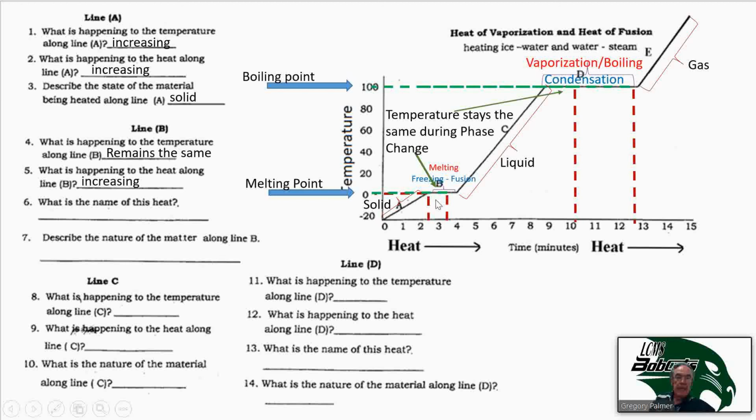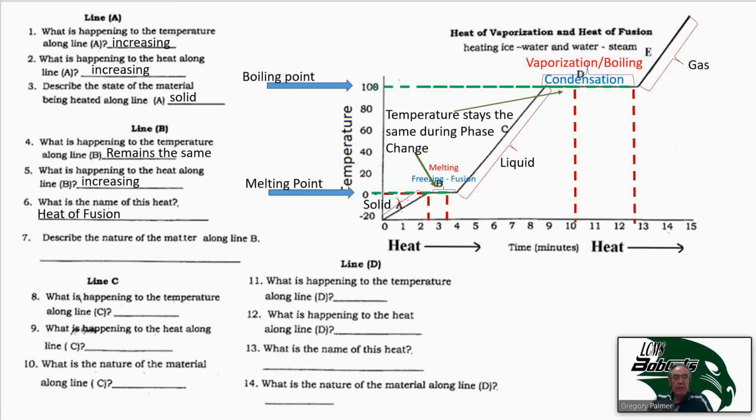What's the name of the heat that's necessary to melt the solid and turn it from a solid to a liquid? The heat that starts here from about 2.5 to 4 is called the heat of fusion. And this has described the nature of the material along line B. Well, if you think about at home or outside on a snow day, when the snow is melting or an ice cube is melting, you have the solid, which is ice, but you also have some liquid.